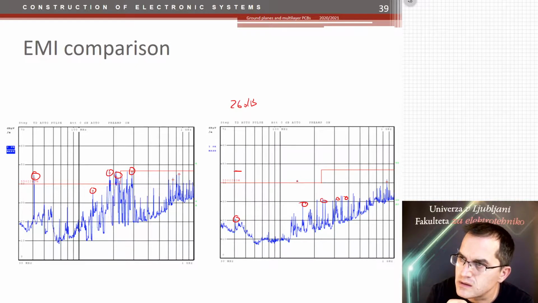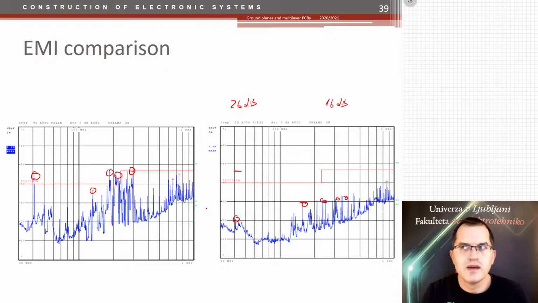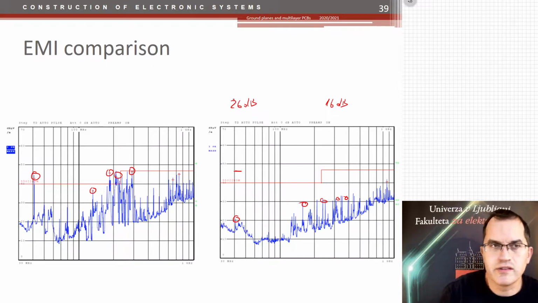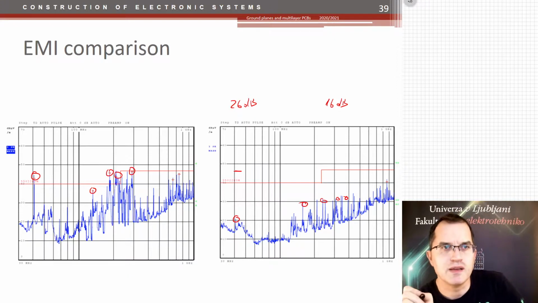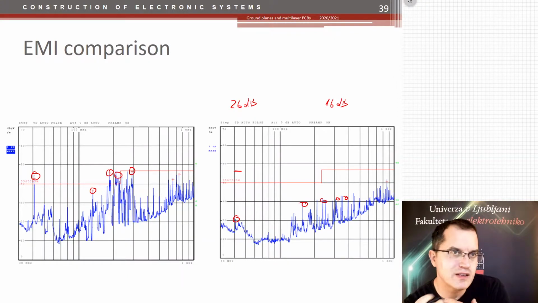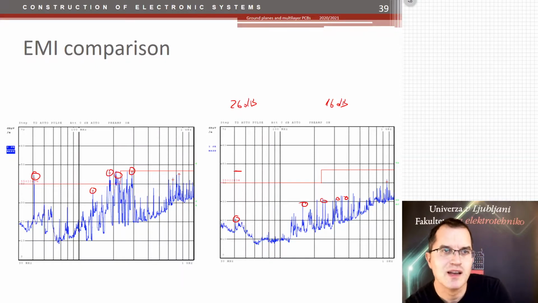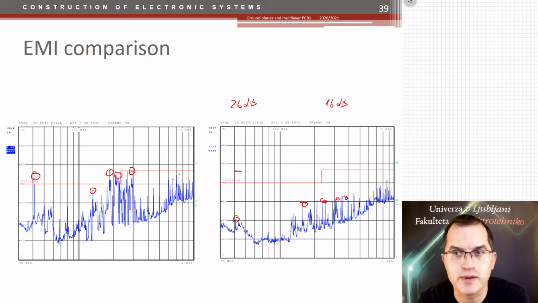And here it is around 15 or 16, at least. So that's a lot. That's more than 10 times better. Just by using a 4-layer PCB and confining all these tracks with the ground planes, defining their current loop sizes, and also defining their impedances.